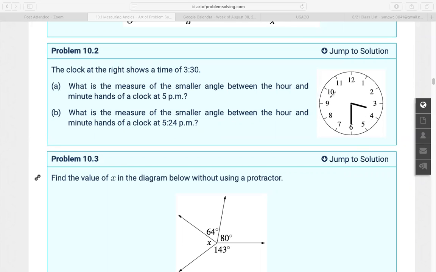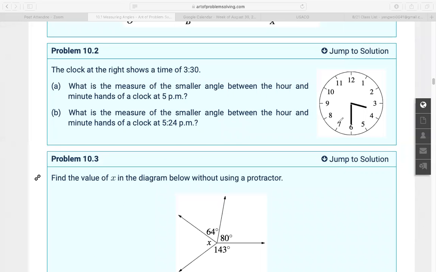Everybody send me your answer. Let's see. Sophie got it correct. Who else?